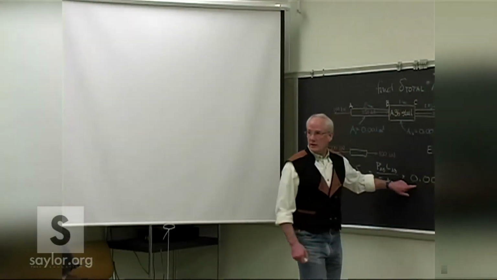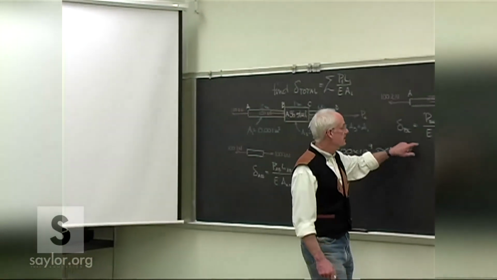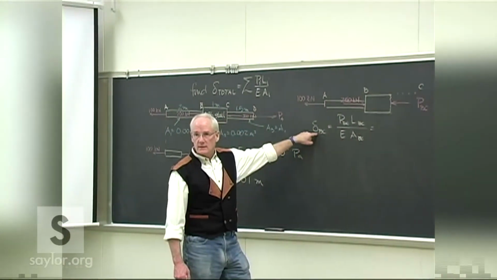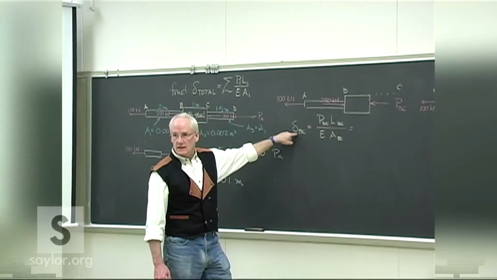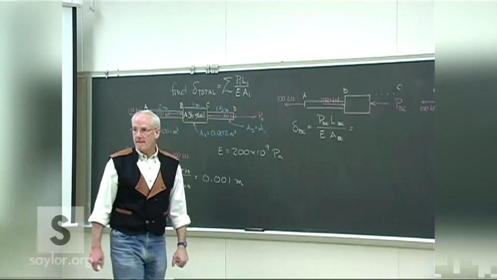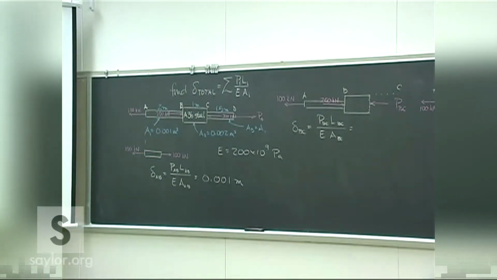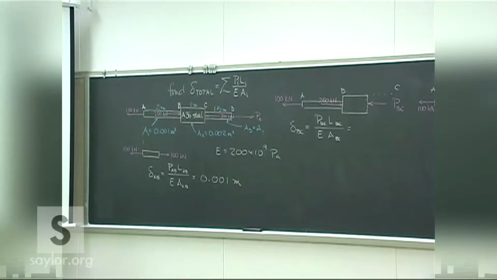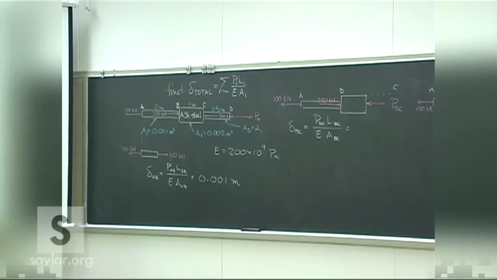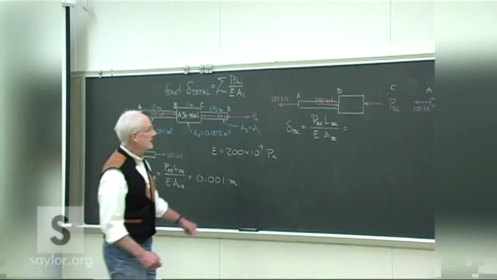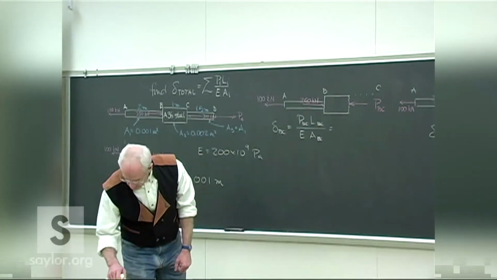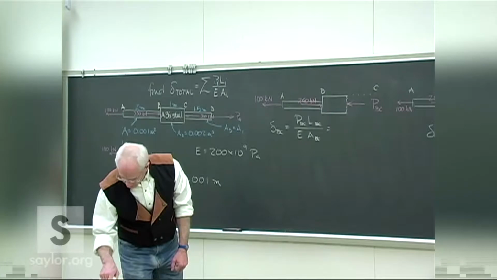So that's the first one, agreed. Now we got the right numbers in there. How about the second one? Phil, you have that one? BC? 3.75 times 10 to the minus 4. Nope. Negative. Negative? Negative. Yeah, you can't miss that. That's compressive force in there. The middle piece is in compression.